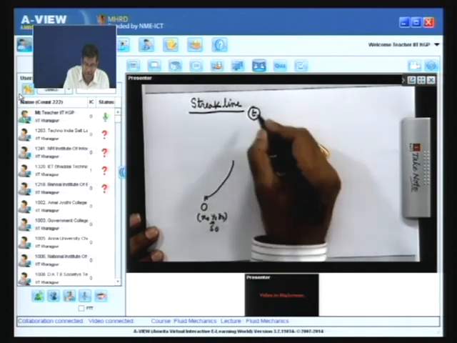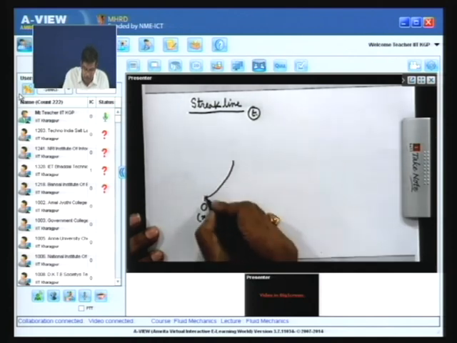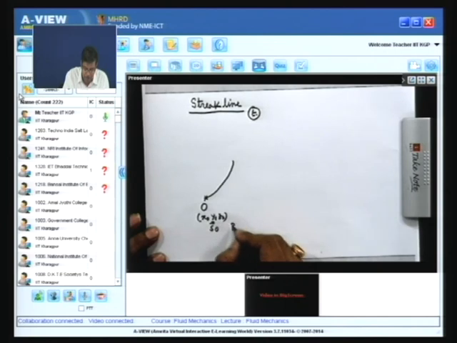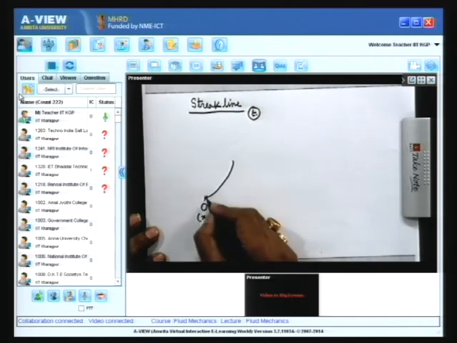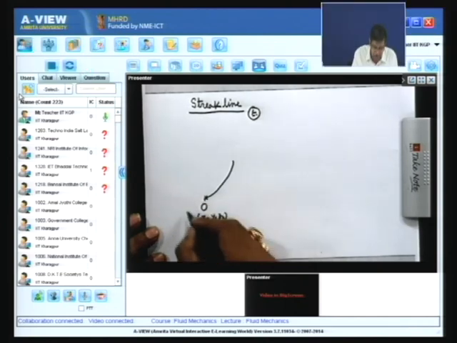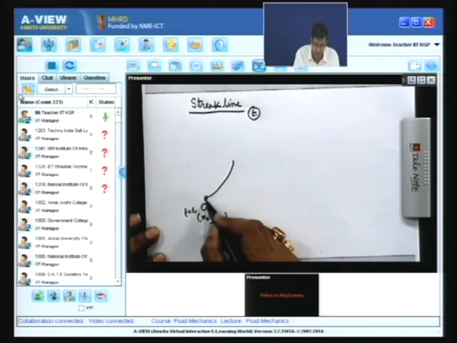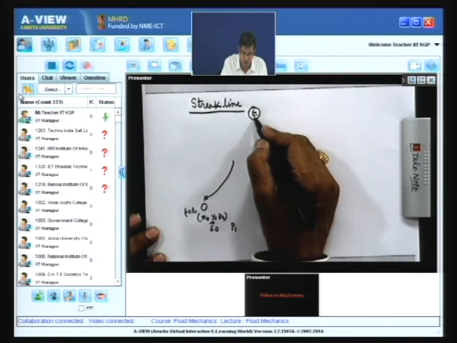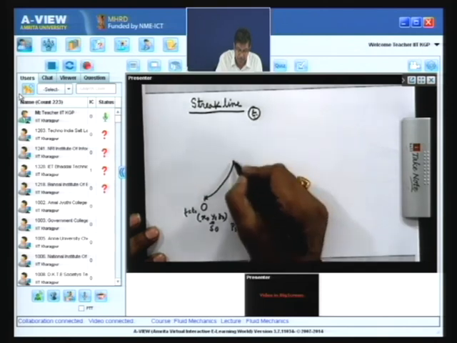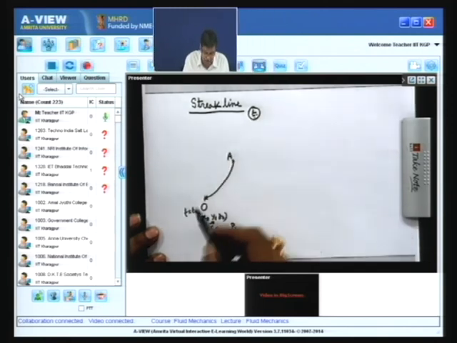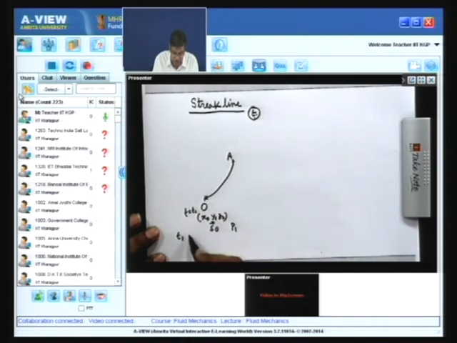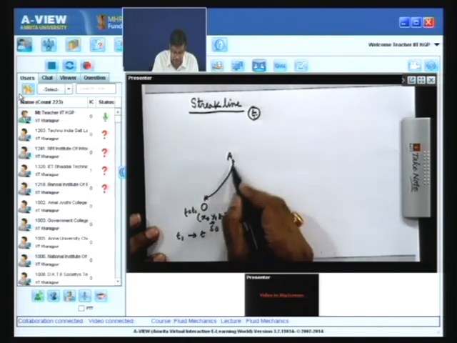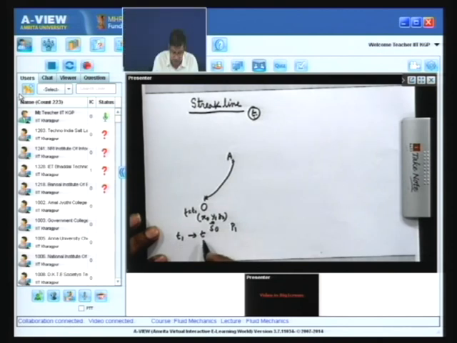At an instant t, for example, we are considering a particle P1 which has passed this point at some time t equal to T1, and at time t, when we are interested to draw the streakline, the particle has reached A. Now during this time from T1 to T, when the particle has reached A, several time intervals are there.